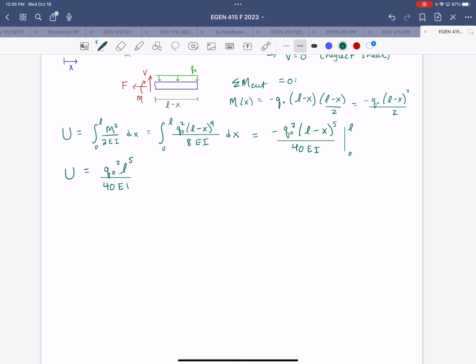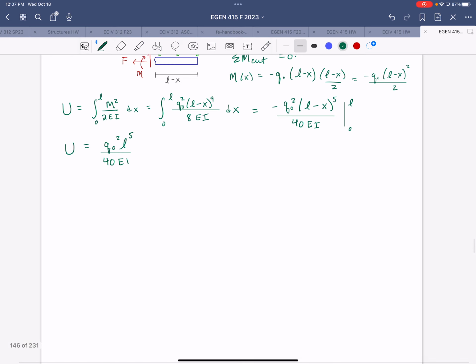So that's just due to bending, flexure. If the beam had a wider cross-section, we wouldn't be able to neglect shear. Or if it had significant depth with respect to the length, then we also wouldn't be able to neglect shear. So in that case, let's see how that would affect our calculation.